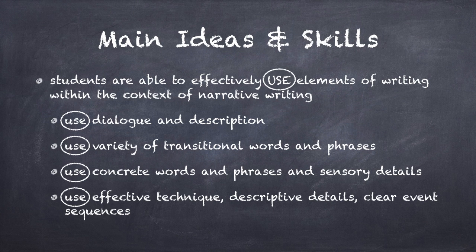Being able to be creative and make interesting dialogue and description, to think of not only concrete words and phrases, but to combine those and use sensory details, things like what someone might see or touch or taste or hear or smell in their story requires creativity. And I also think in this unit I would give students the option to work collaboratively, so they might complete some of the activities or assignments with a partner.